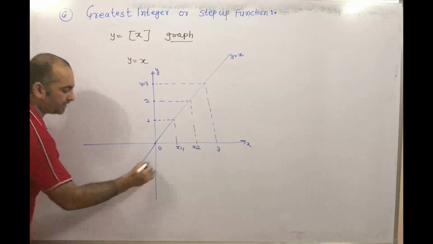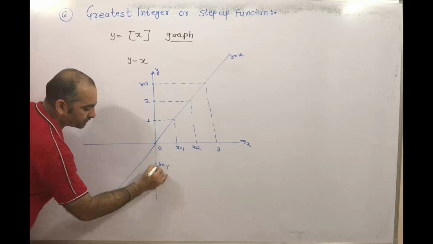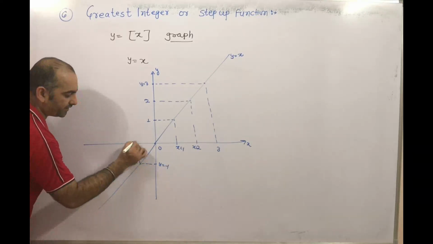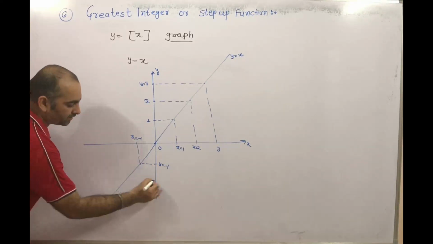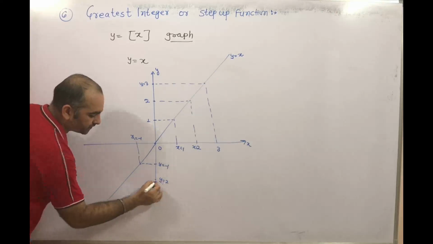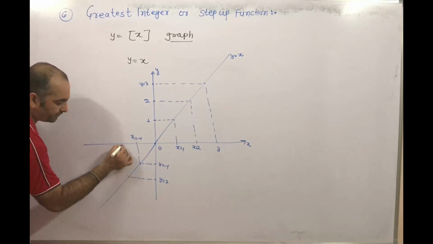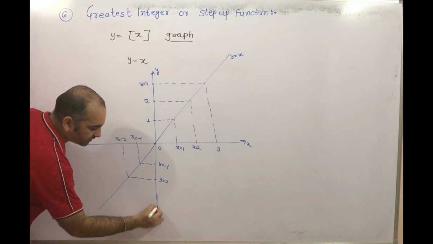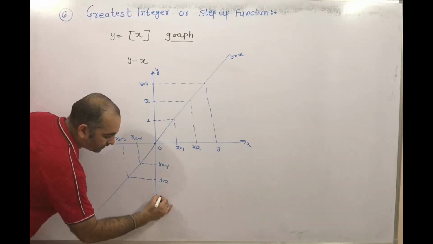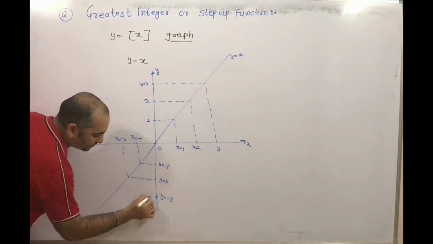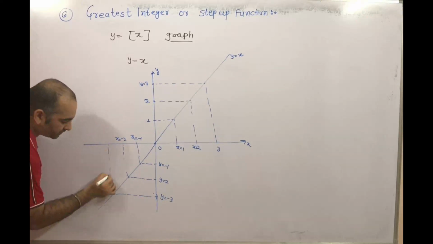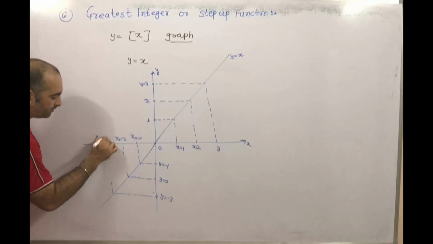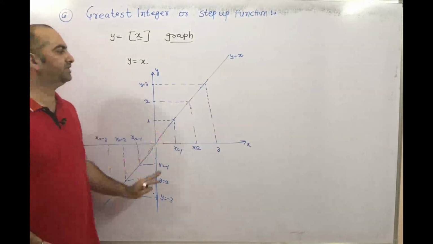Similarly, when y is minus 1, x is minus 1. When y is minus 2, x is minus 2. When y is minus 3, x is minus 3. We have drawn the y equal to x graph. This graph will come.